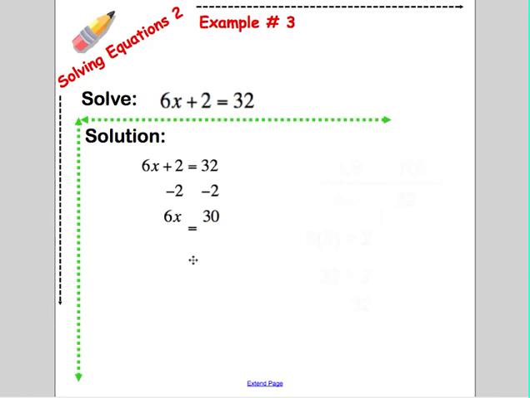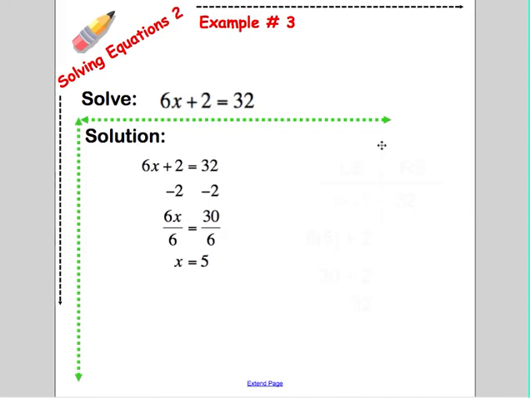Now I have 6x is equal to 30. I have an attached value of 6. To eliminate my attached value, I'll divide both sides by 6. Dividing the left side by 6 will cancel out and leave me with x. Dividing the right side by 6 will leave me with 30 divided by 6, or 5 on the right side. I come down to my final solution of x equals 5.